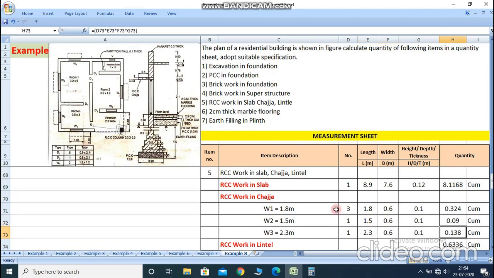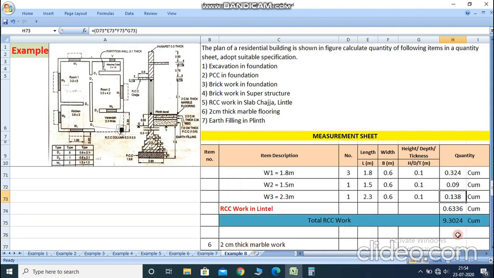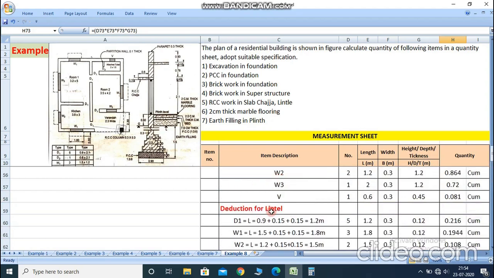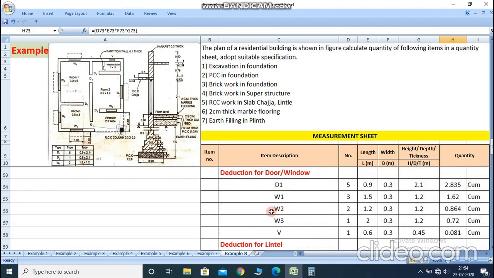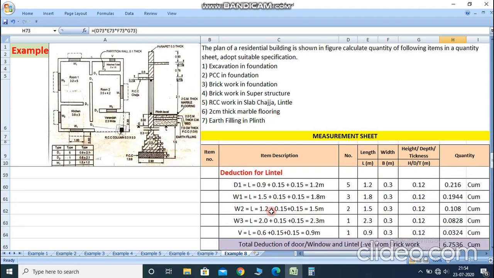Multiplying all four values, we get the answers 0.32, 0.09 and 0.138. So it's a summation, and RCC work in the lintel. The lintel portion is already calculated here, so we deduct the lintel, but we fill up the same portion as lintel work.